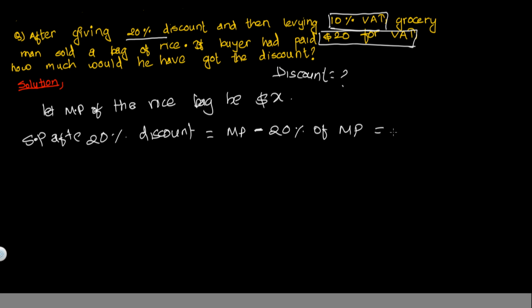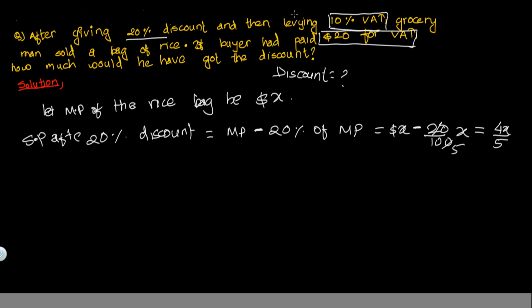So MP is $X minus 20 over 100 of $X, which is 5x over 5 minus x over 5, which is 4x over 5. So this is our SP after discount.